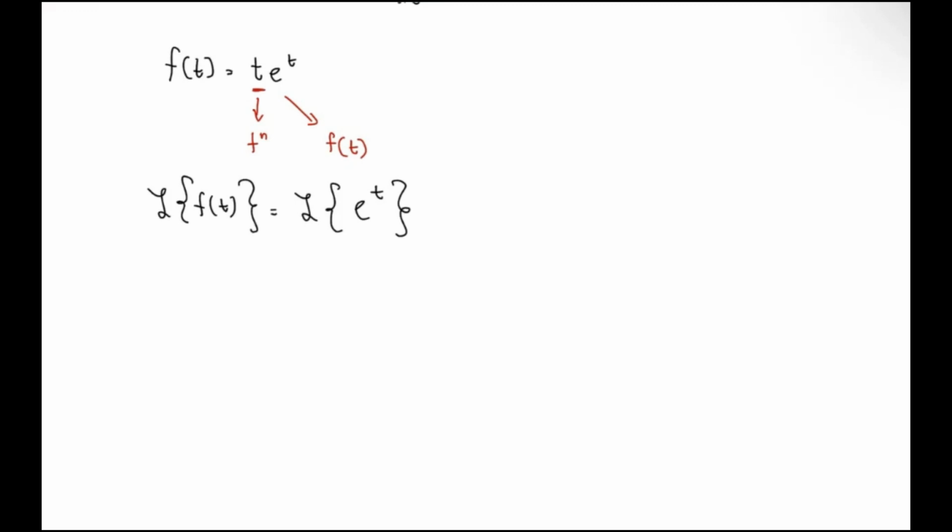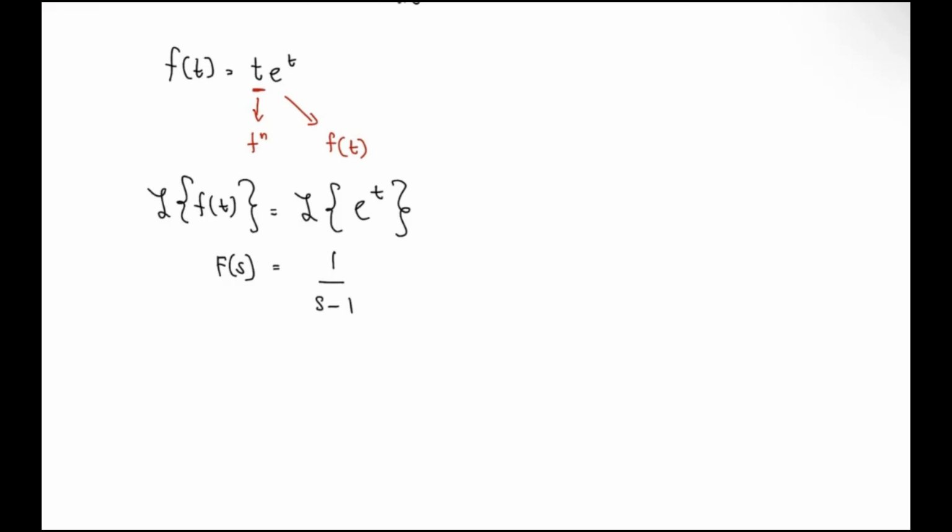If you have a book or you have a note, see where is the table for e^t. So the Laplace transform of e^t is 1 over s minus 1. So this is equal to F(s).